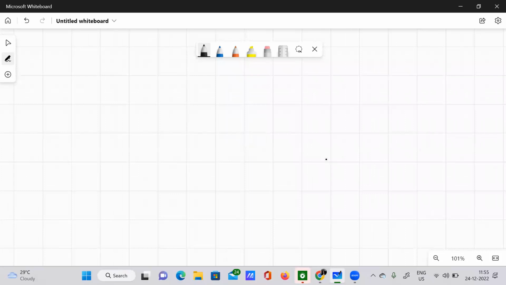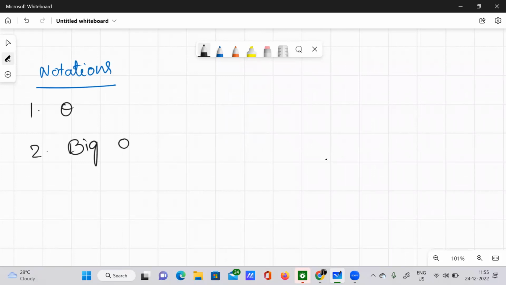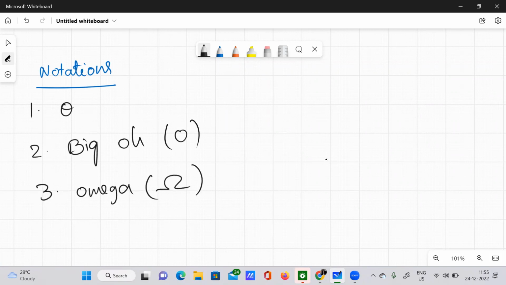The most famous notations: the first one is the theta notation, and the second one is the big O notation. The third one is the omega notation, right? So in this video, I'll be explaining this theta notation, right?